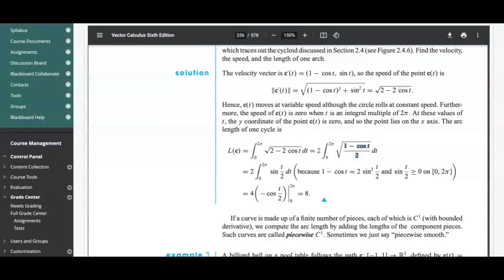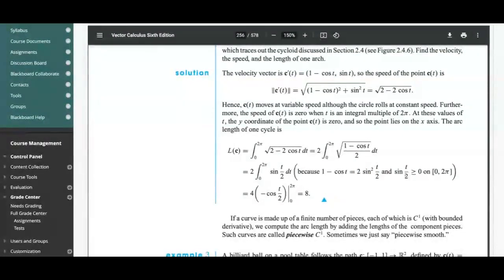But the 4 can be pulled out of the integration because the square root of 4 is 2. The square root of 1 minus cos t over 2 is the sine of t over 2, by the half angle formula, because 1 minus cos t equals 2 sine squared t over 2, right? Remember that.